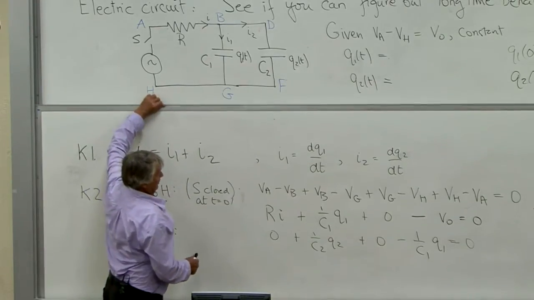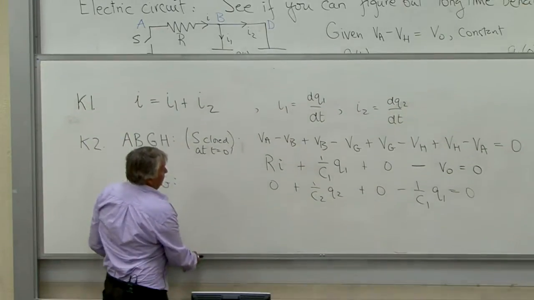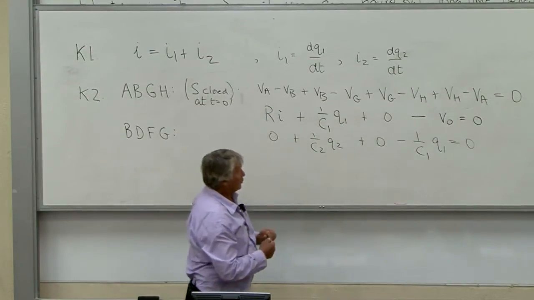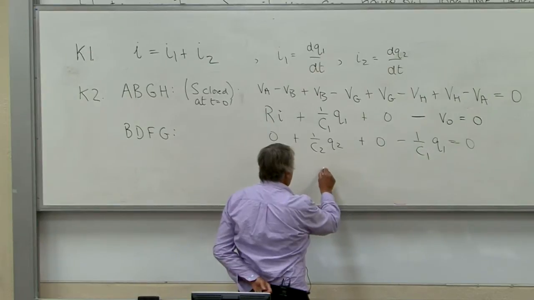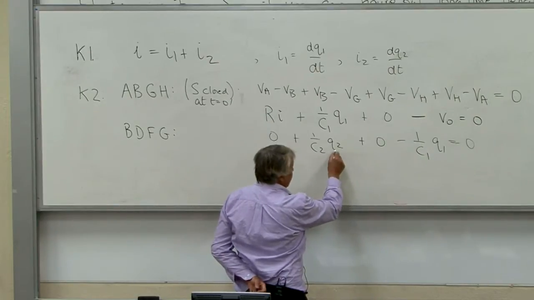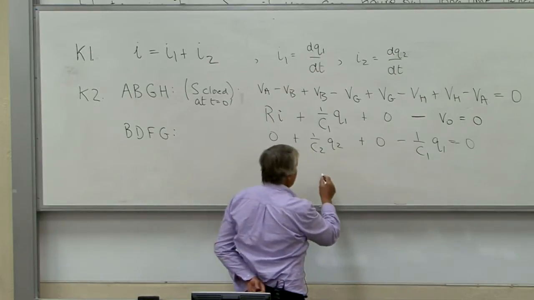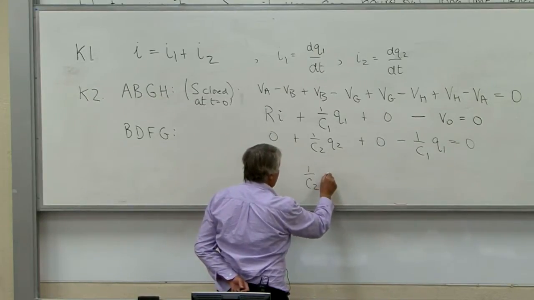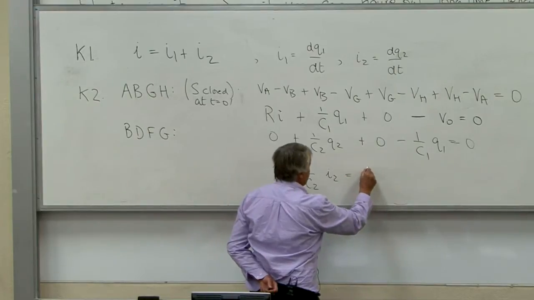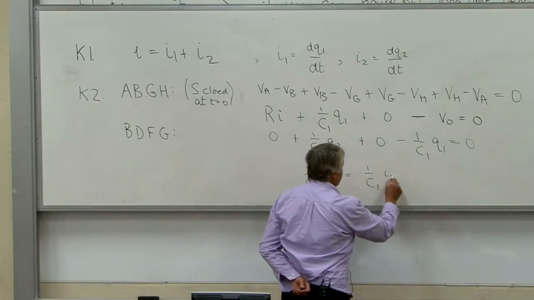So this guy from here, we know the information that Q, this is true for all time. So differentiating it, I get 1 over C2 I2 equals 1 over C1 I1.